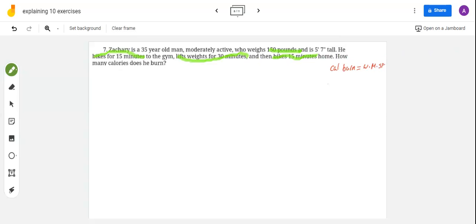Our scale factors this time is for biking and weightlifting. All right. And so our scale factors for those two, let's go and take a look.